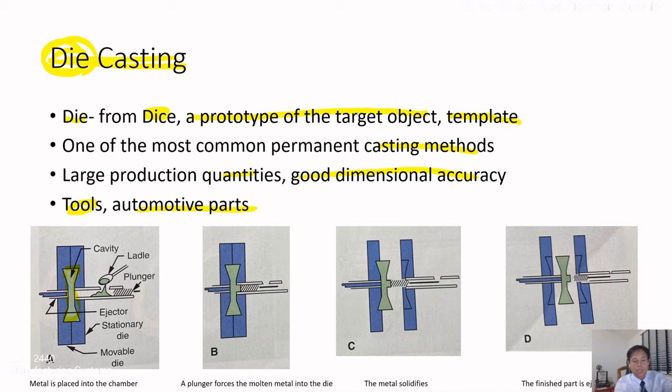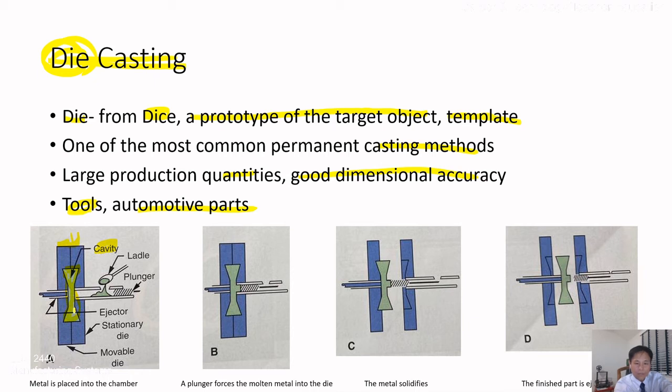So it could take a lot of time to create this die. Once we have created the die, we can put it into a tool or machine, and then we pour. This is called the cavity in the die. It has a negative shape.